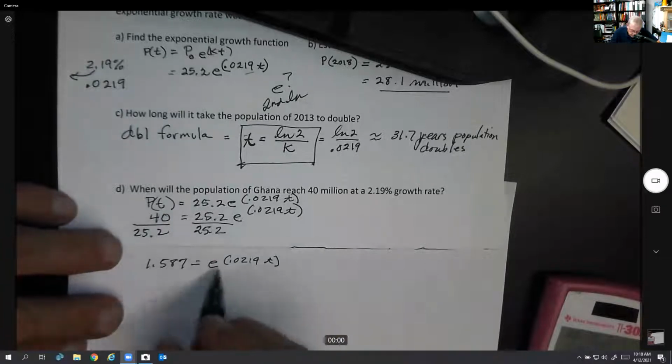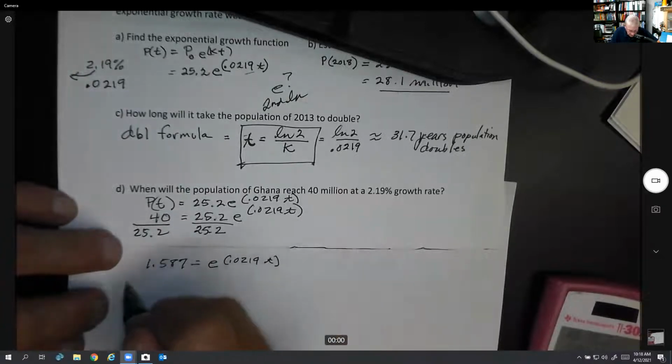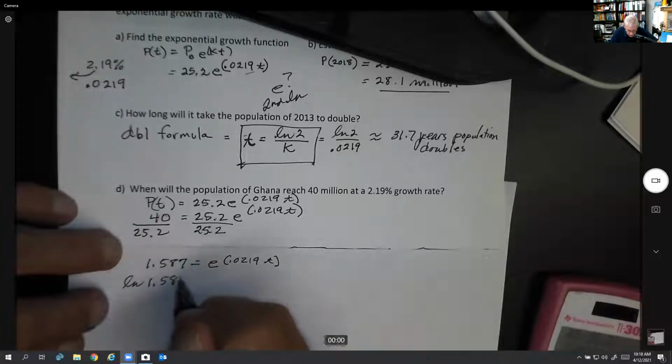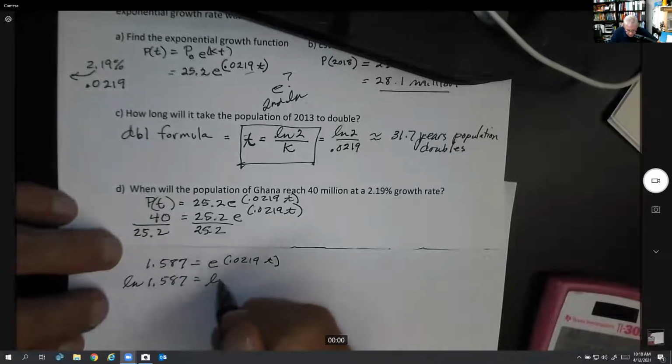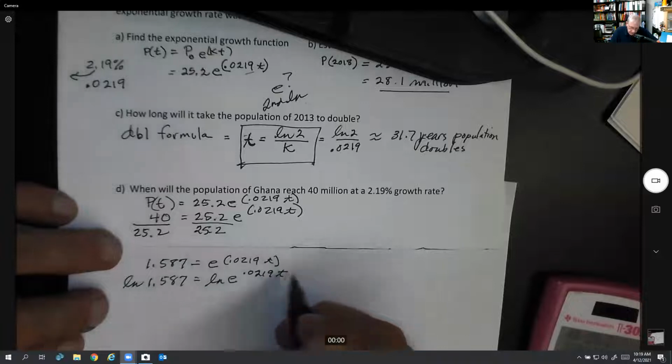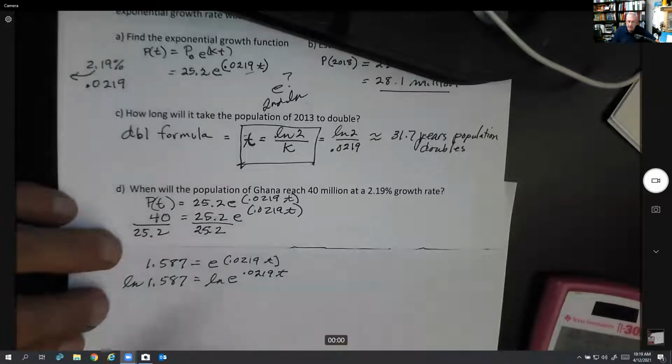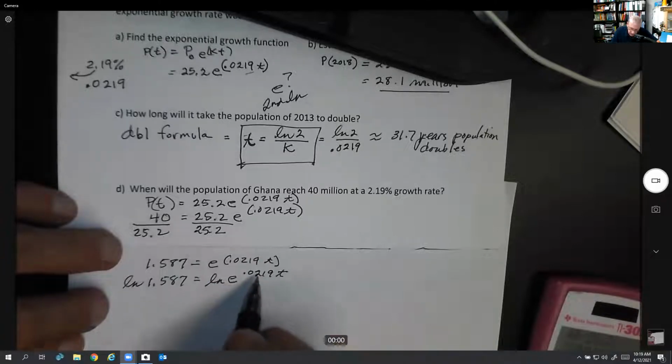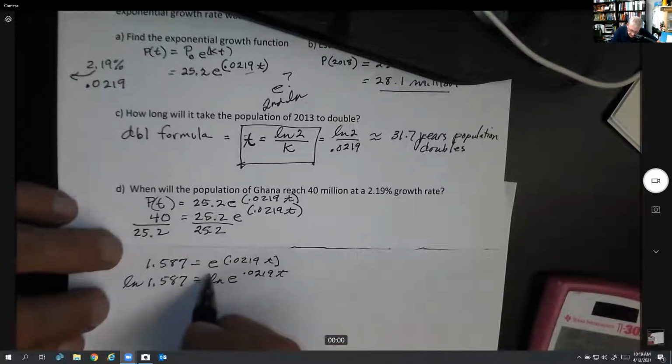Now what I'm going to do is I'm going to take the natural log of both sides. And because we have a little theorem that says if you take the natural log of e, you just get the exponent. It kind of undoes that.